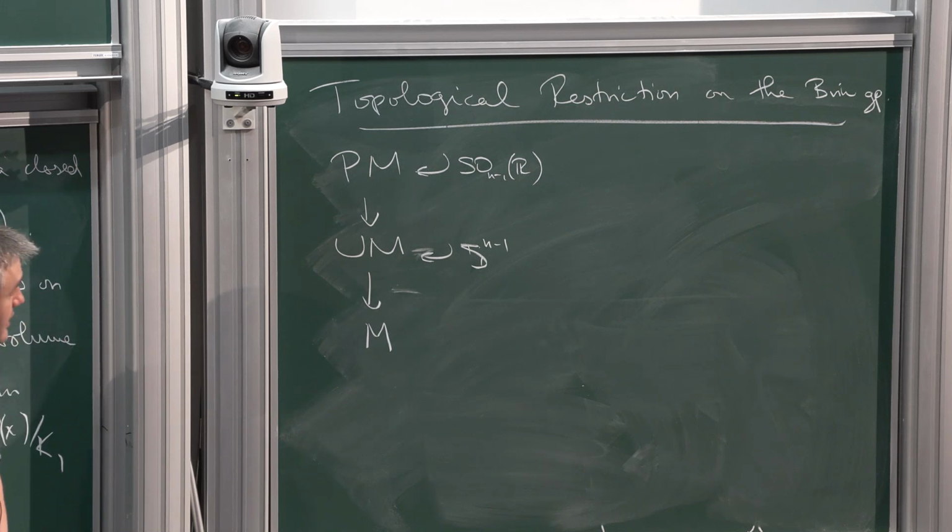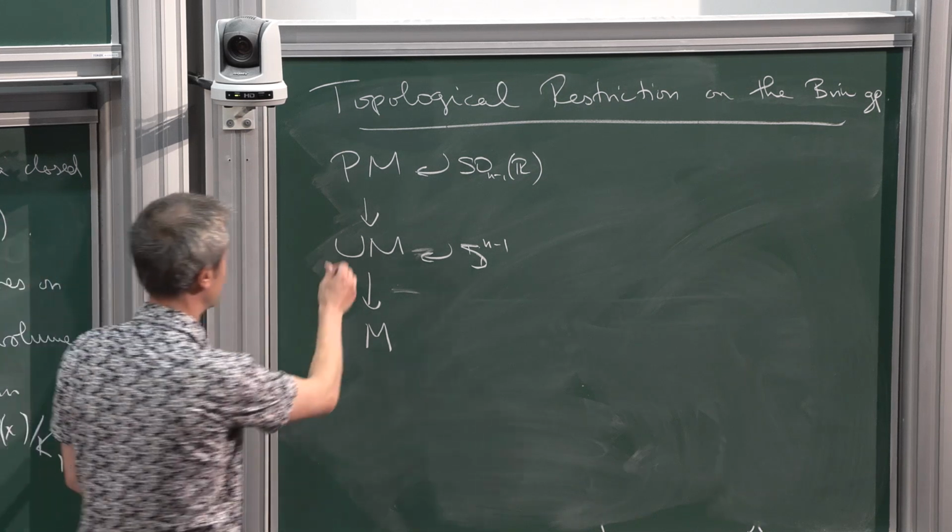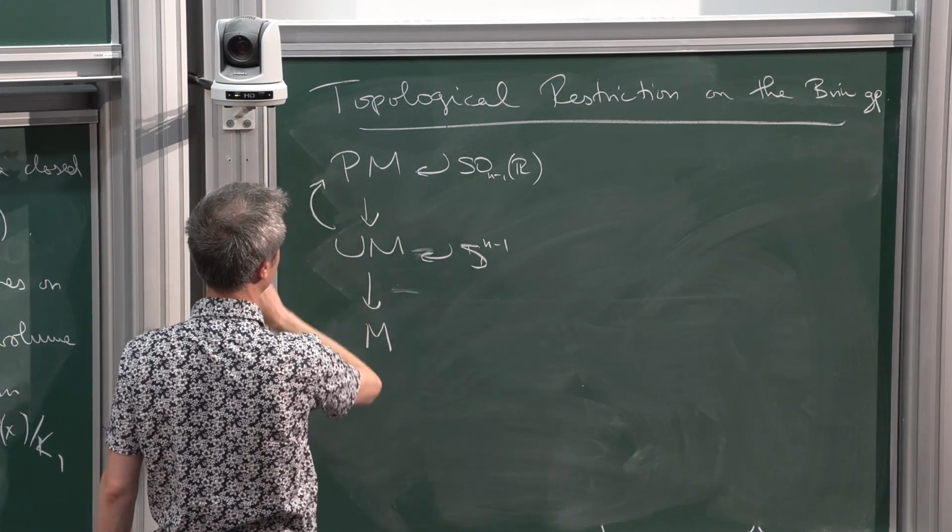And so this data of the Brin group is essentially the same thing as a map.